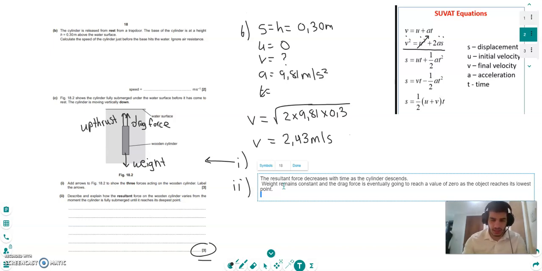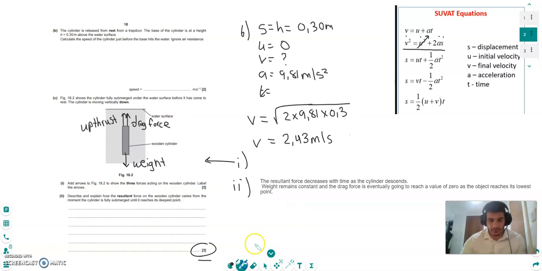And the last statement we should make is about the resultant force. Obviously, as the object sinks into the water, the upthrust will increase due to pressure.